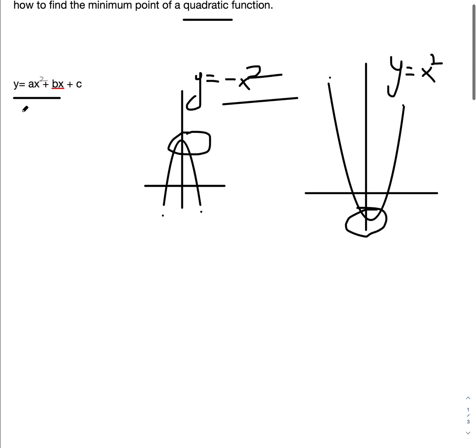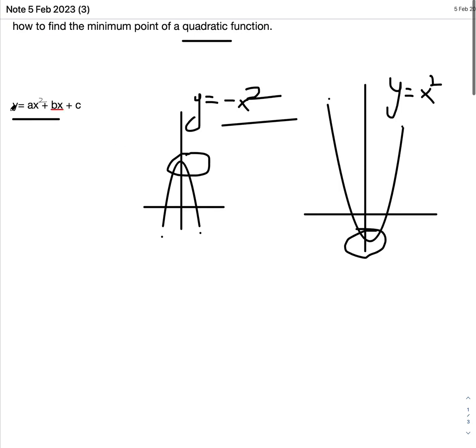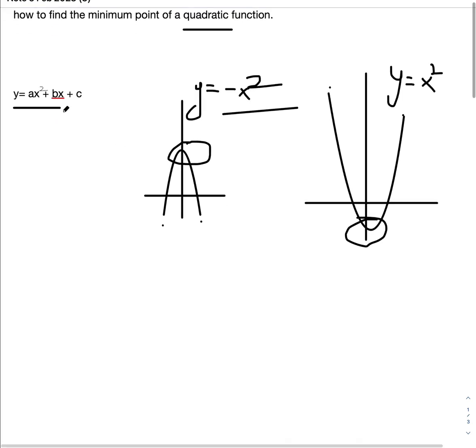So as I said, here is its formula, and let's say that we already have an equation, which is gonna be like y equals to, let's say, x squared minus 3x. So this is the equation, and this is the formula.